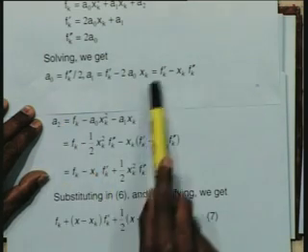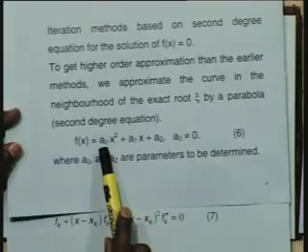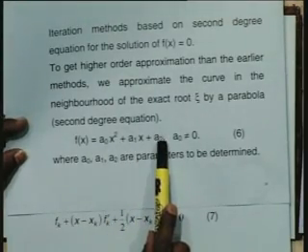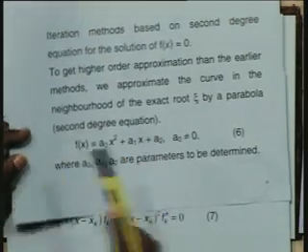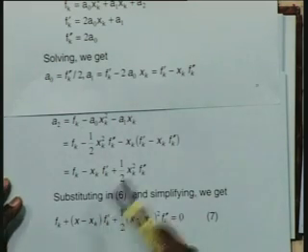Now I have determined the values of a0, a1, a2, and what I will have to do here is go back and substitute a0, a1, a2 over here. If I substitute it back, a little bit of algebra is there to simplify it.